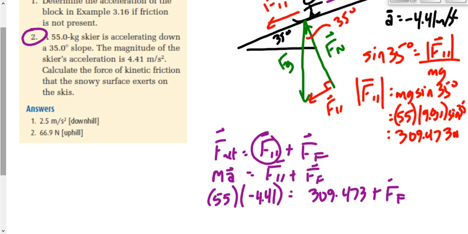Is that right? Not quite. What am I missing here? What's wrong with this? Good. F parallel is negative 309 because we've defined negative as down the hill, right? If we made the acceleration negative down the hill, then F parallel has to be negative down the hill as well. So let's say 55 times negative 4.41.